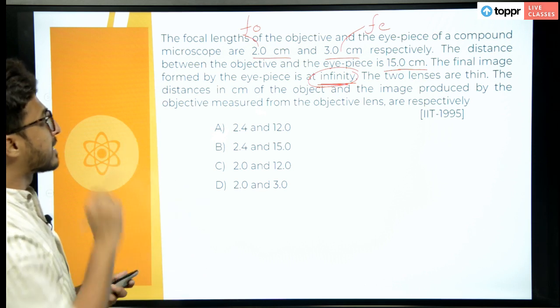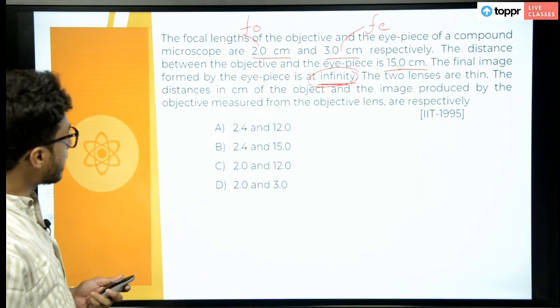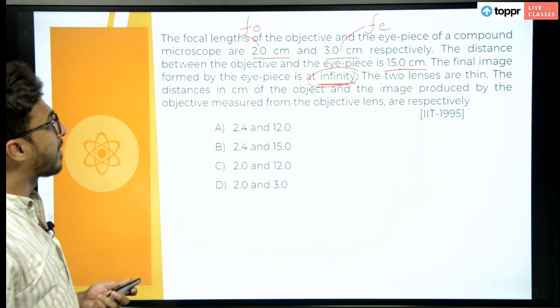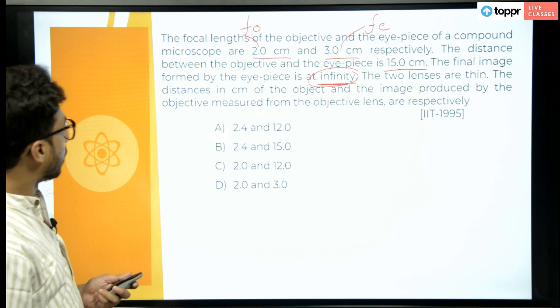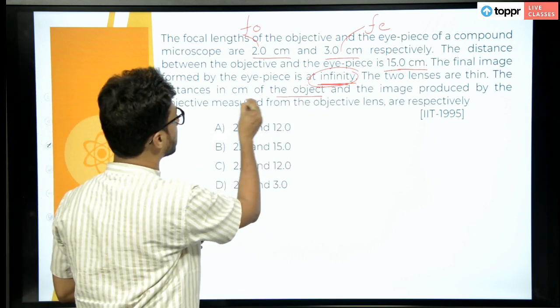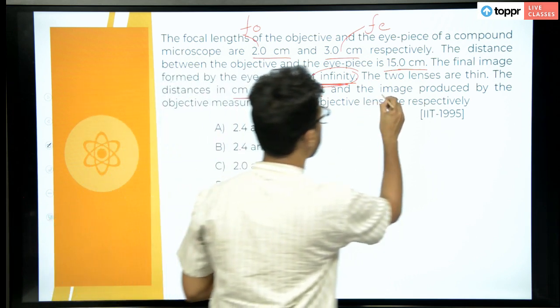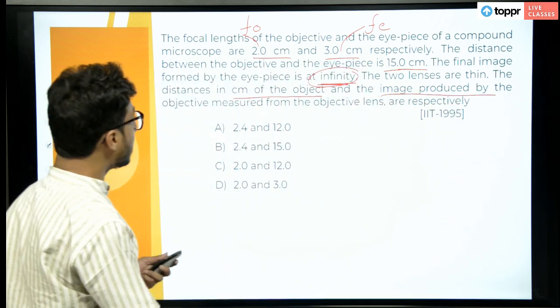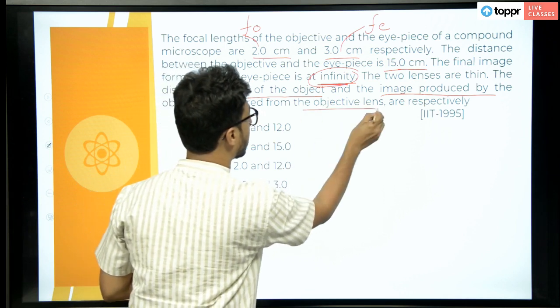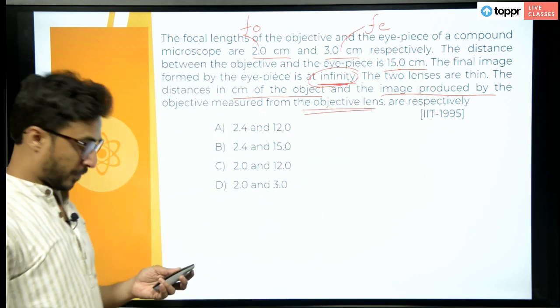The two lenses are thin. The distances in centimeter of the object and the image produced means we have to find out the object distance and the image distance produced by the objective lens respectively, right?